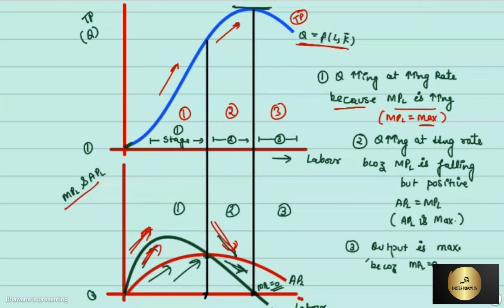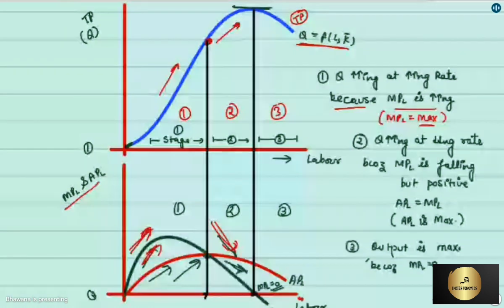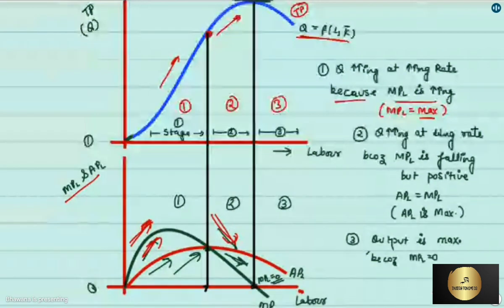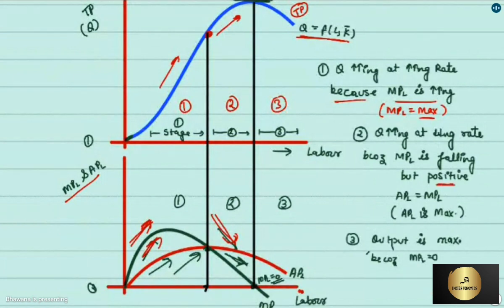Okay, so this is in the first stage. This is that point. After that point, if you increase labor employment, the output will increase but at a decreasing rate, because the marginal productivity of labor starts falling. Okay, so in second stage your output is increasing but at a decreasing rate because your MPL is falling, but it is positive, it's not negative.